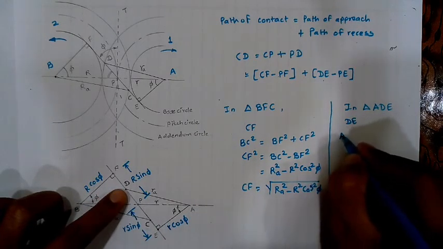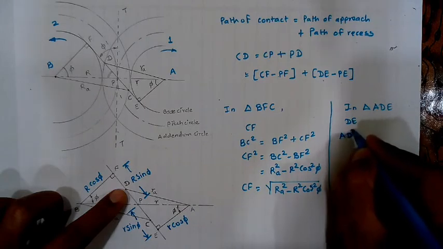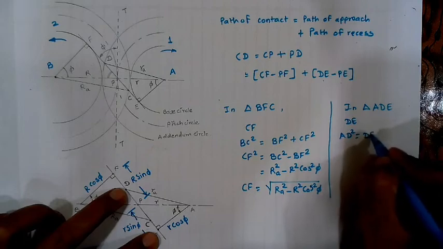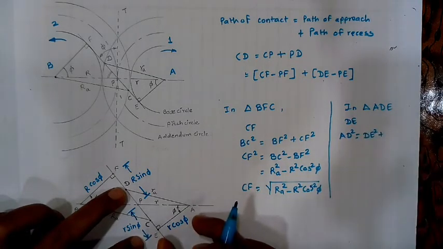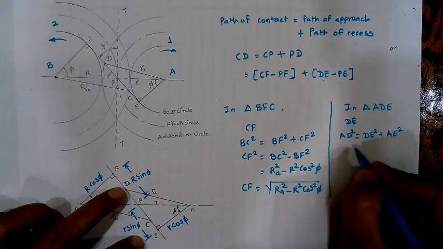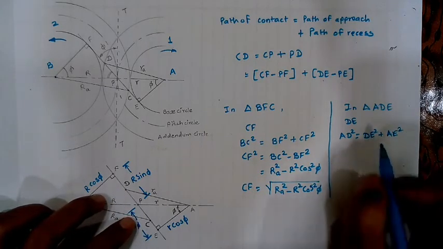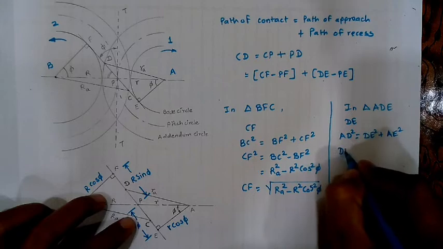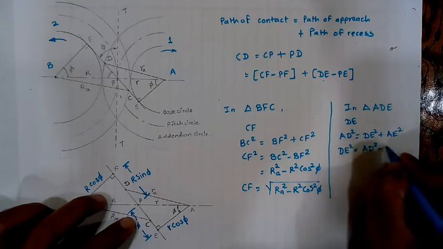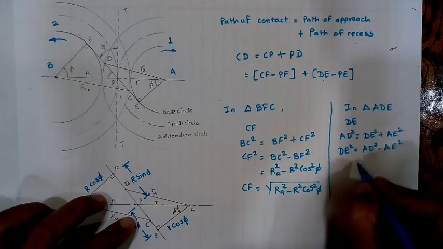So AD square will be equal to DE square plus AE square. So I want to find out DE value. So DE square is equal to AD square minus AE square.